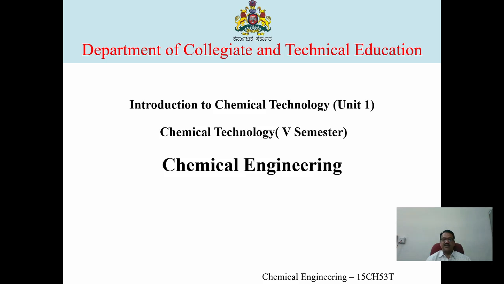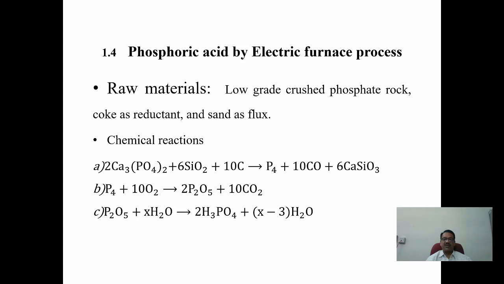In today's session, session 4, we discuss the production of phosphoric acid by the electric furnace process.